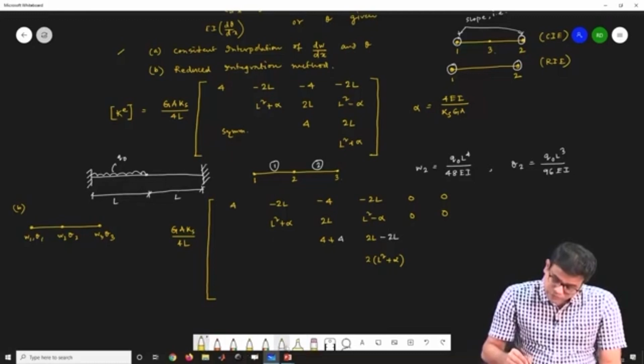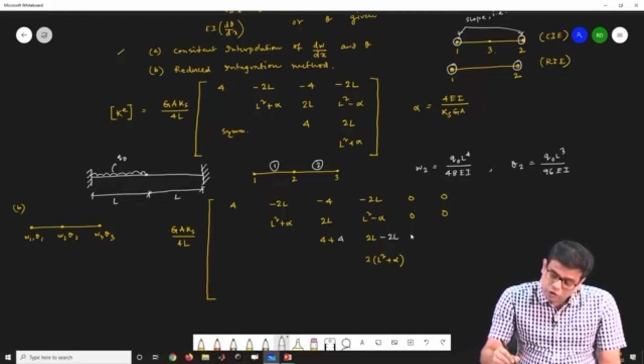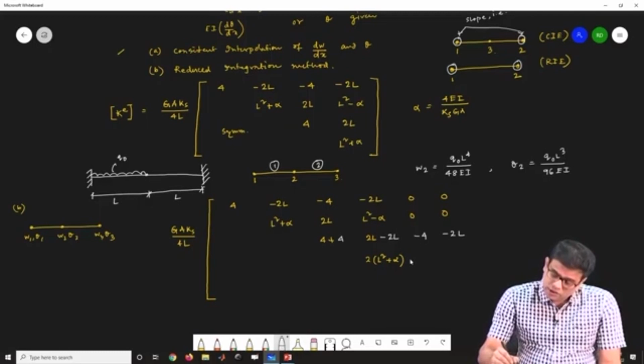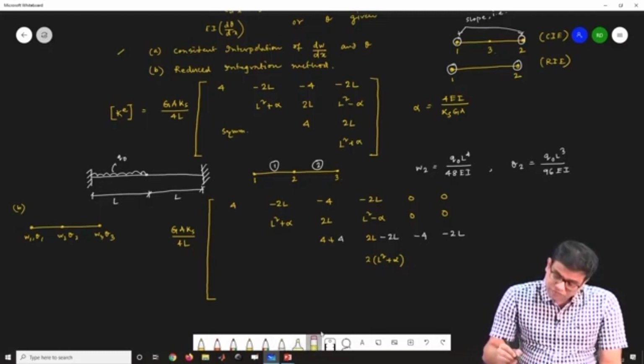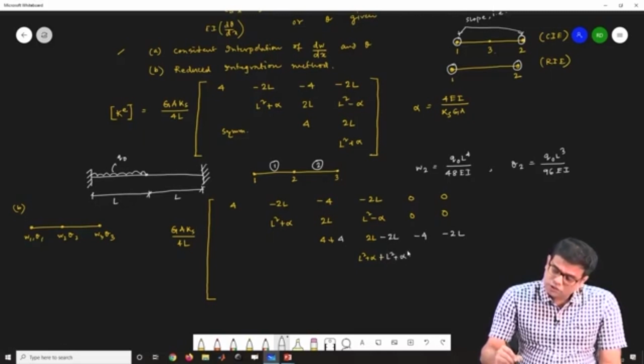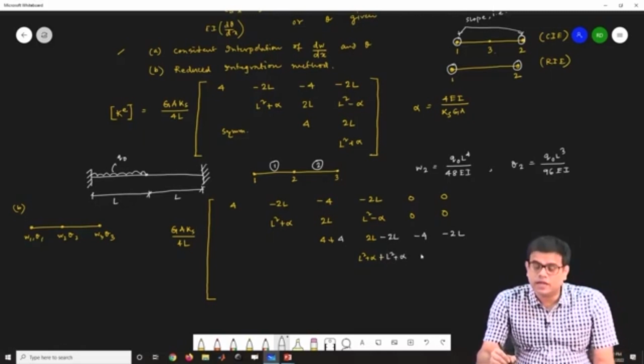So 4, minus 2L, that will be minus 4, minus 2L, and then another term, let me write it properly, that is L square plus alpha plus L square plus alpha, just to highlight the contribution from the second element.